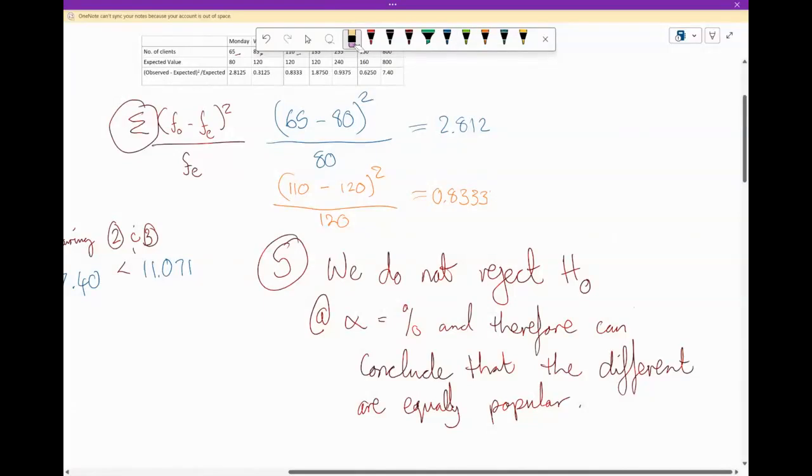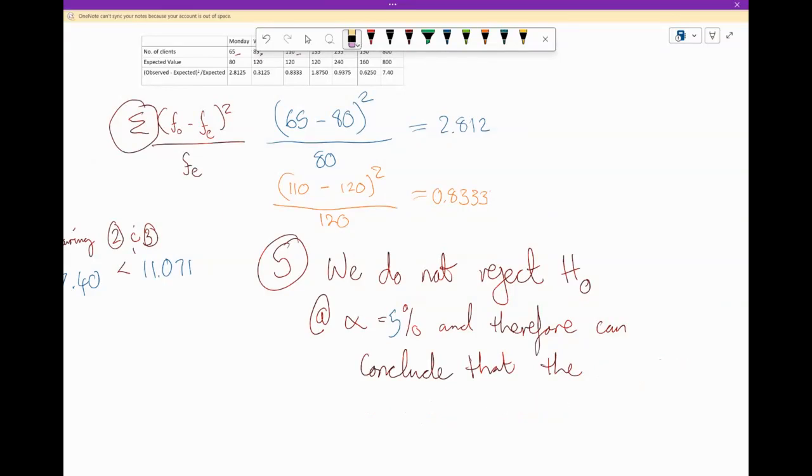So we just need to change that to 5%. And we therefore can conclude that the management claim is correct.